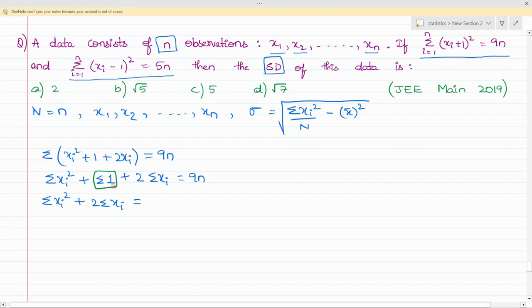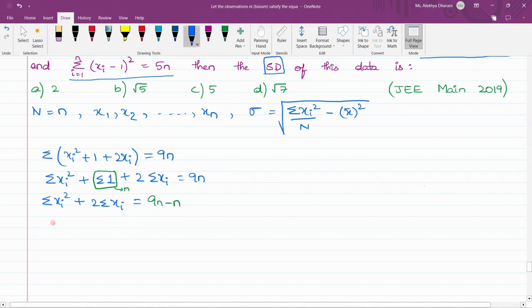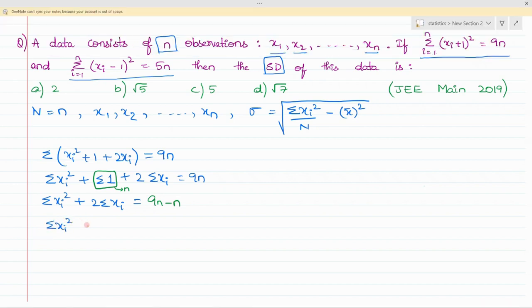It's nothing but n, because i is from 1 to n. So if you subtract it here, 9n minus n, you will get sigma xi square plus 2 sigma xi is equal to 8n. So from here you will get equation 1.